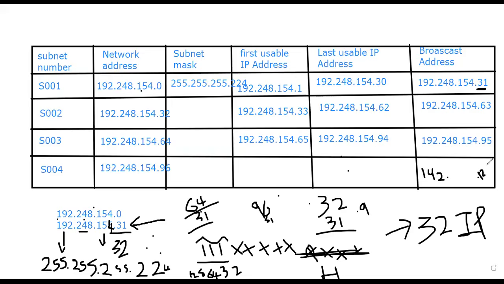Then of course you can write down the subnet mask, the same. The first usable IP address is going to be 192.248.154.97. Then the last usable IP address is going to be 192.248.154.126.